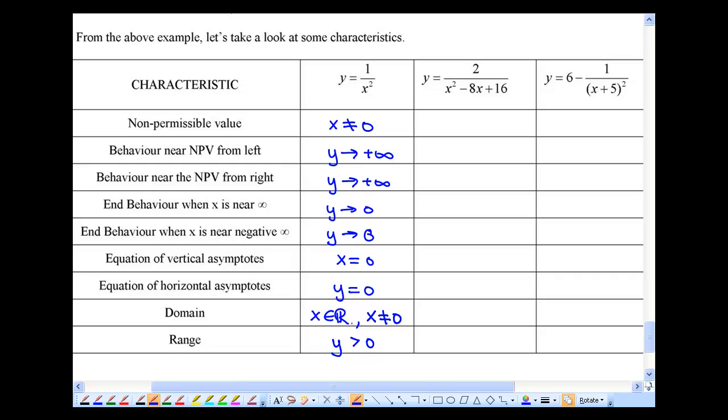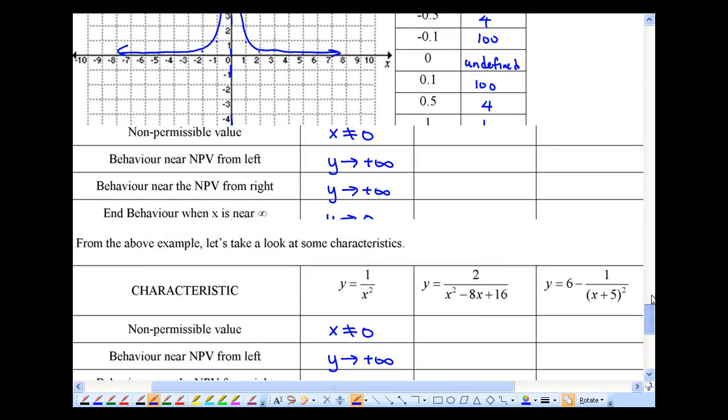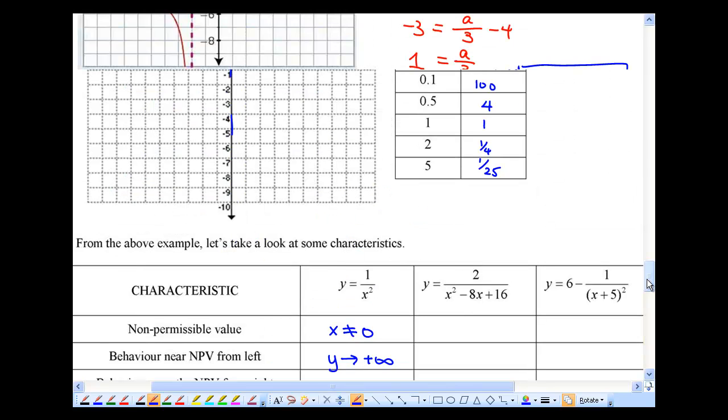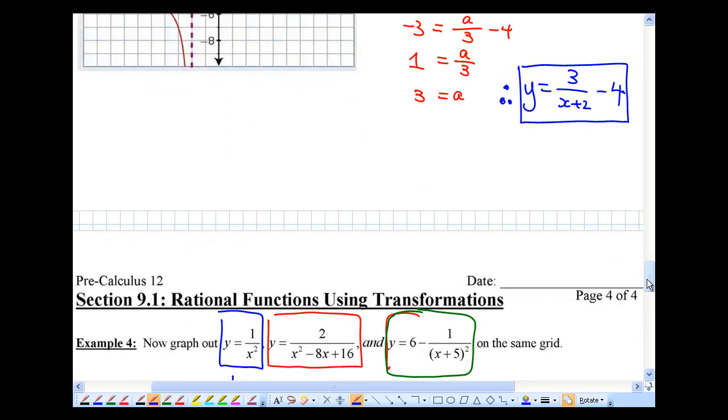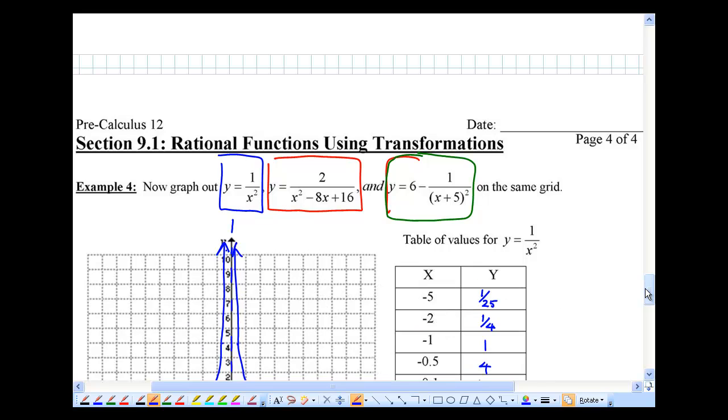Now, how do we draw the next one? 2 over x squared minus 8x plus 16. Let's go back up here. I want you to take a look. Can you see something interesting about the denominator here? Yeah, I know it's a trinomial, but can you factor it?